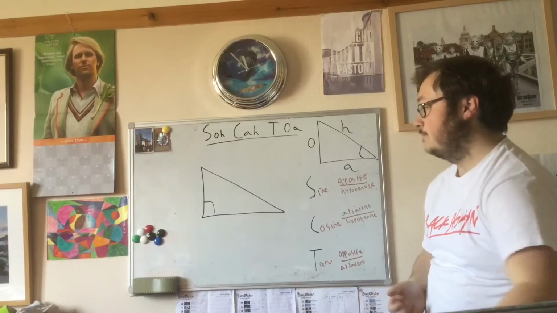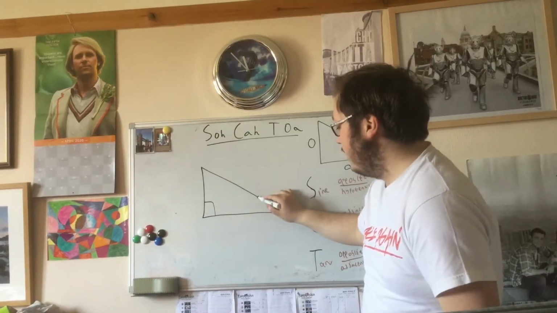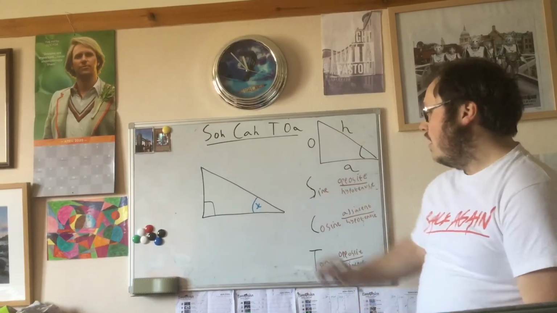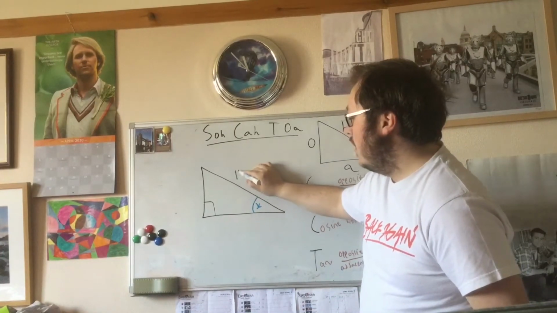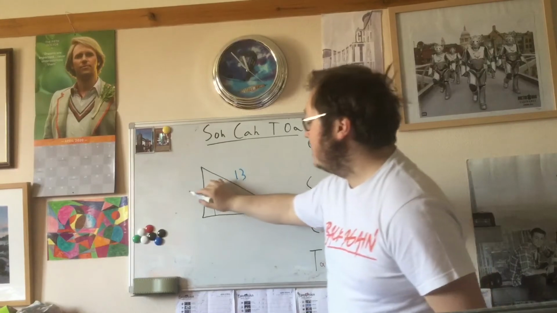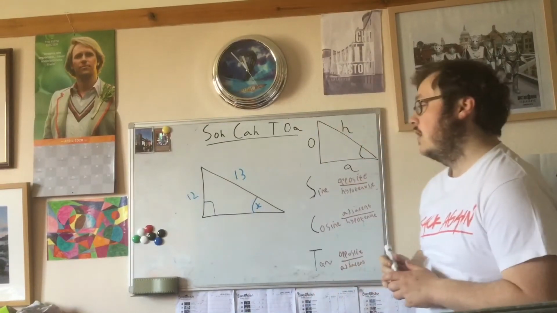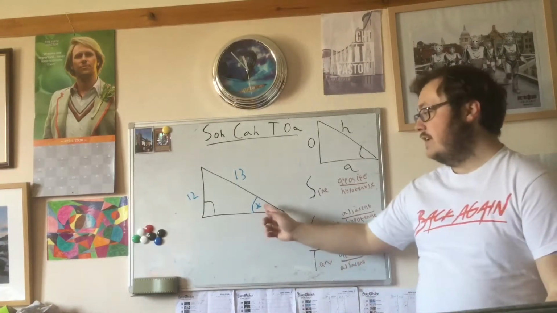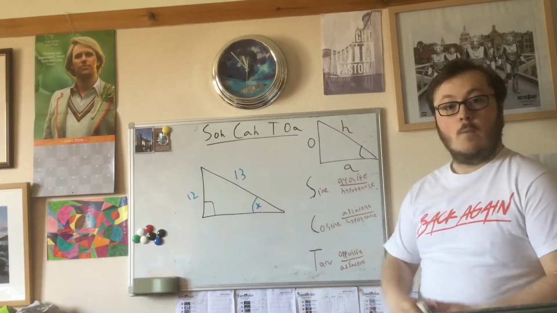Well, I'll show you. Let's say I have an angle here, and I'm going to label it X, and I have a hypotenuse of 13 and an opposite side of 12. How do we find this angle?